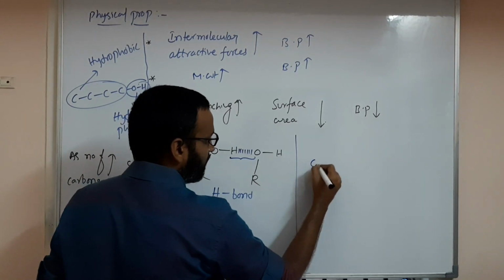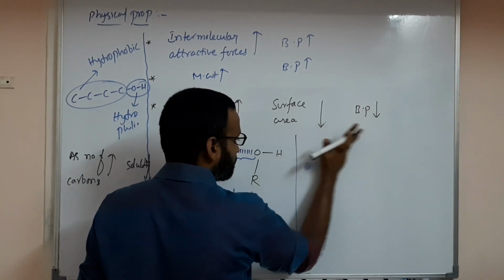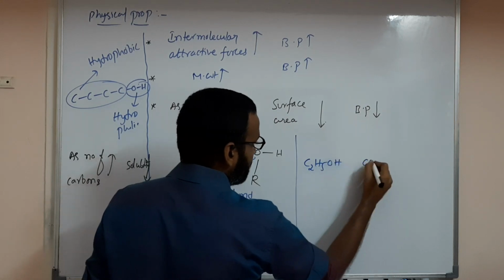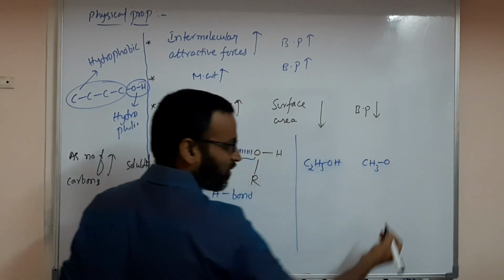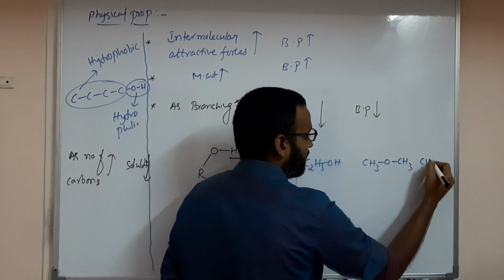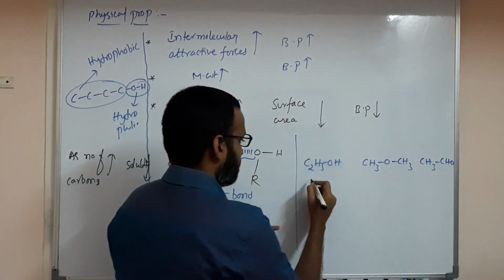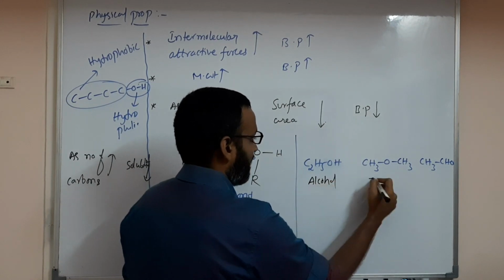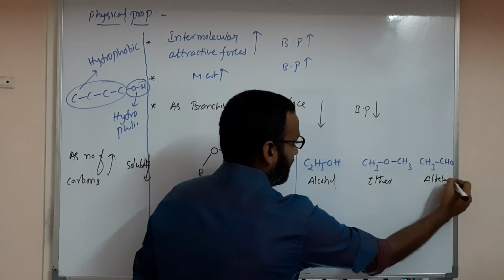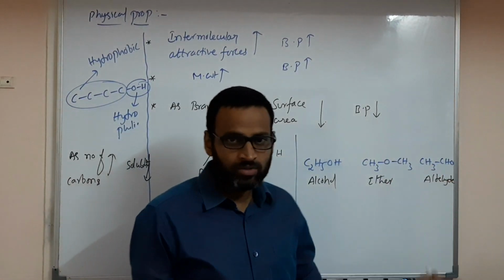See, for examples, I'll take C2H5OH, and dimethyl ether, CH3OCH3, and I'll take CH3CHO, an aldehyde. You can take any ketone or propanol like that. Almost the same molecular weight actually, but this alcohol, ether and aldehyde.